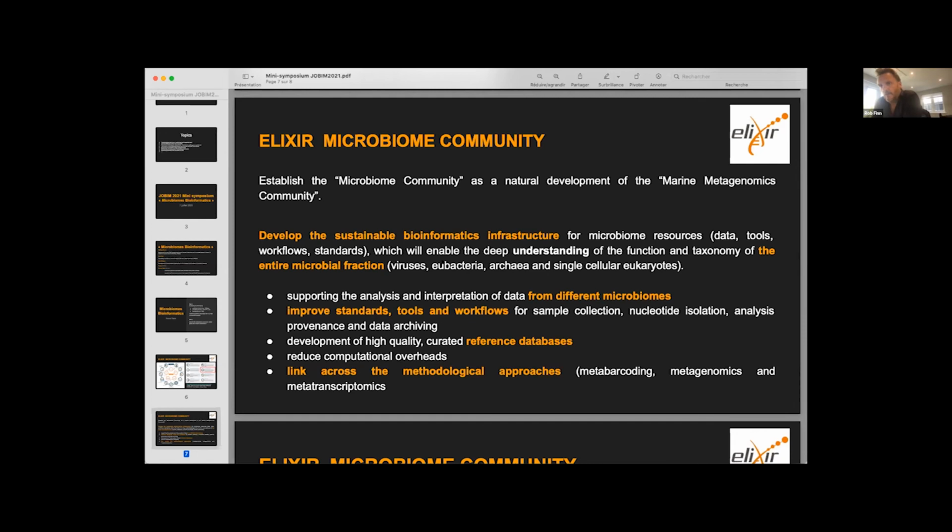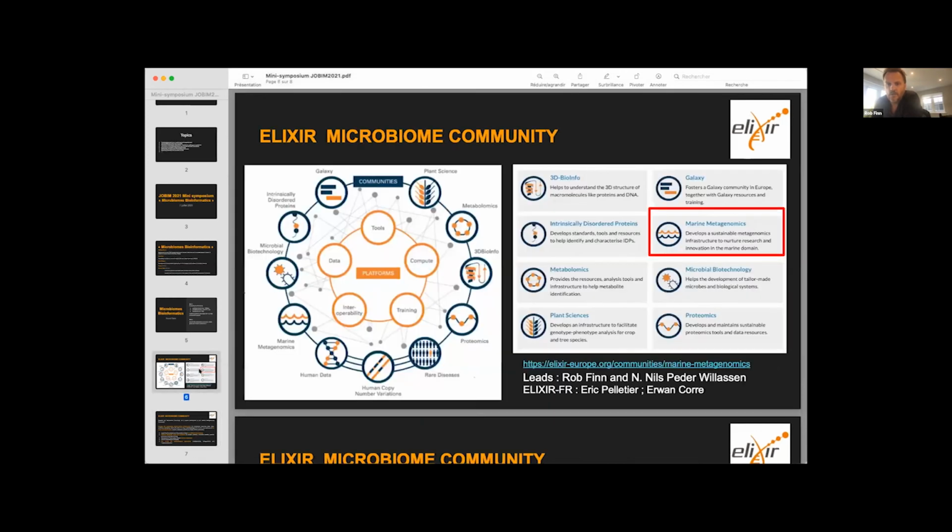There's also the fact that on Erwan's previous slide, he showed some of the other communities like proteomics or metabolomics. They are general communities, but they are much bigger. With size comes both positive and negative aspects, but one of the feelings was that actually a lot of what we do is perfectly transferable.